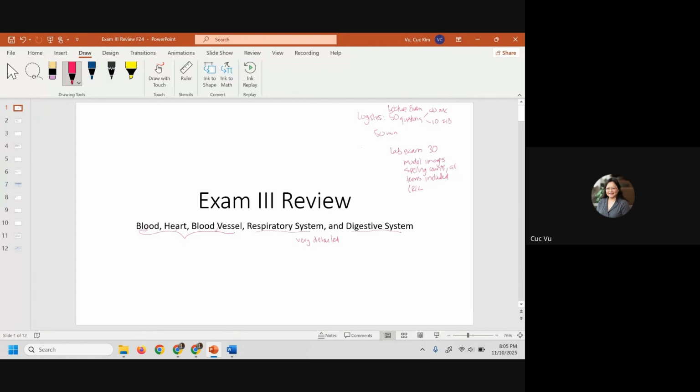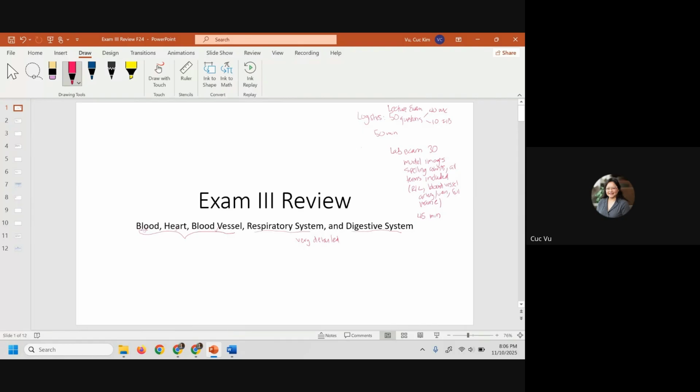So if there's a pair of something, indicate right and left. If it's a blood vessel, make sure you indicate whether it's an artery or a vein, so the full name. So pay attention to the full name. Spelling counts, it's on the model, and you have 45 minutes to take it. I think that's pretty much it for the lab exam.